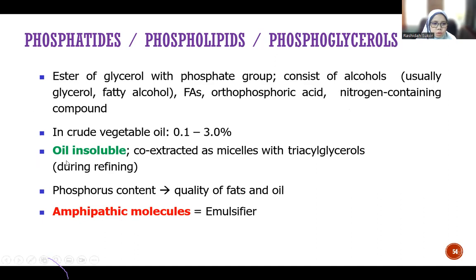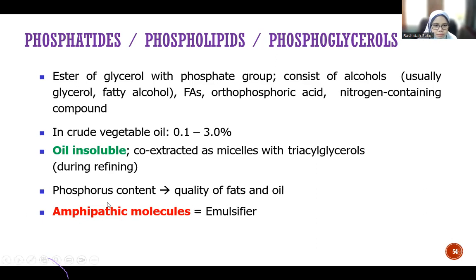Okay. So for oil insoluble, co-extracted as micelle with triacylglycerol during refining. Refining ni macam dia nak proses to extract the oil. So dia akan co-extract as micelle of the triacylglycerol. So this phosphorus content can be used as a quality of fats and oil.